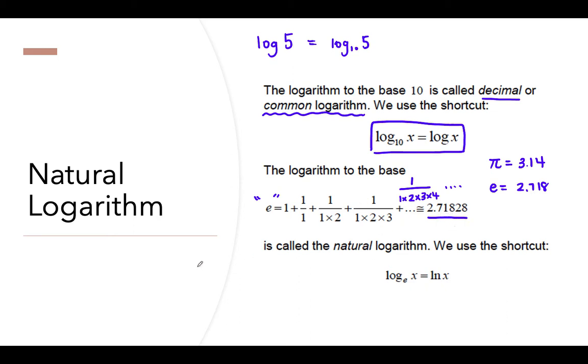So if we have a logarithm of the base of e, and then let's say x, this is called a natural logarithm. Natural logarithm can be written in different ways: log to the base of e of x is equal to ln x.